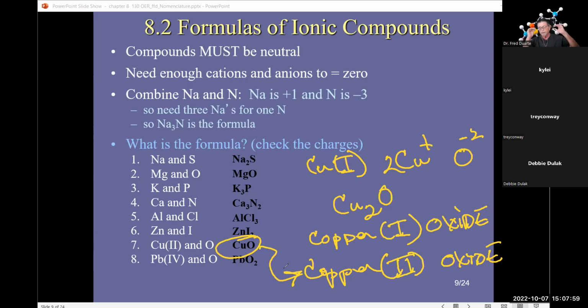Those in the periodic table have to do with the number of valence electrons. These here have to do with the oxidation state of the variable metal that you're working with. Big difference. Don't mix the two. They're totally different.